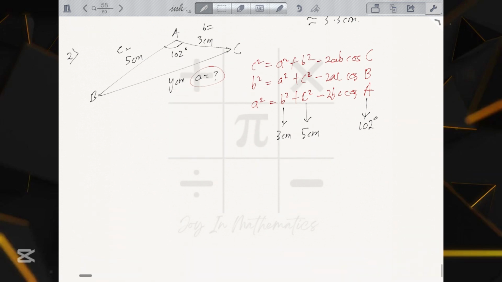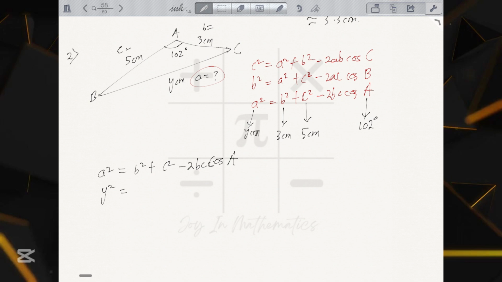So let's begin. Let's apply the law. A squared is equal to b squared plus c squared minus 2bc cos a. Definitely A is what we are looking for, A is equal to y centimeters.